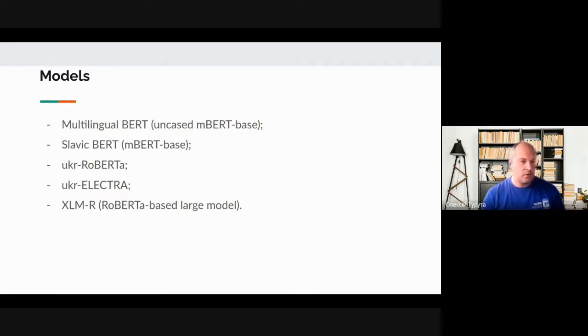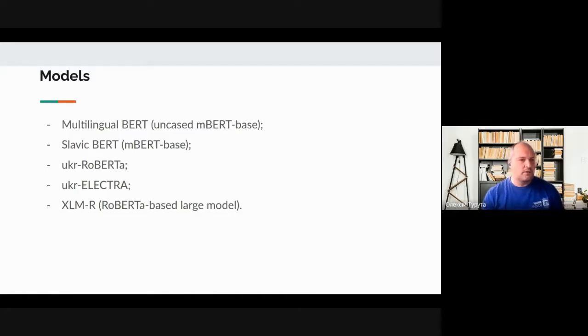The next model is Ukrainian Roberta. It's a model trained on Ukrainian Wikipedia and part of the Ukrainian Oscar dataset.